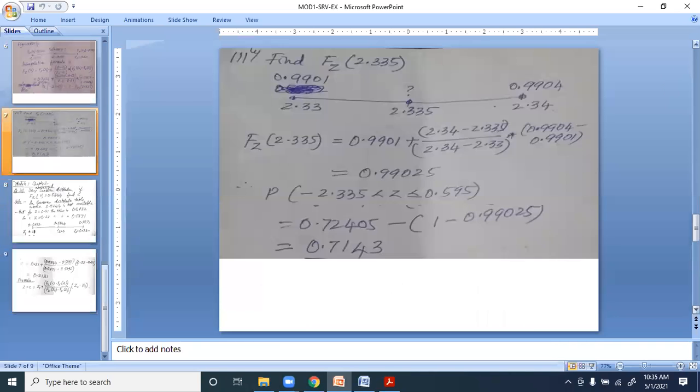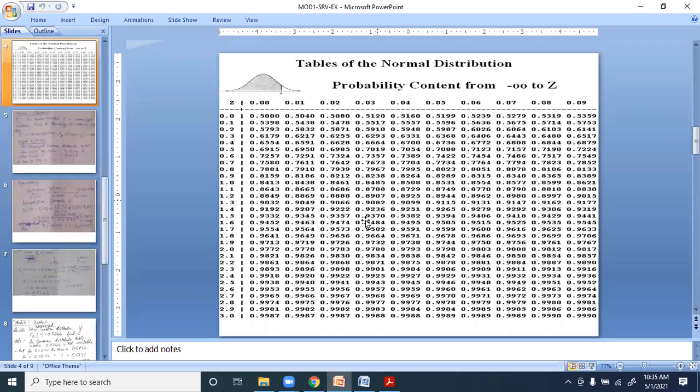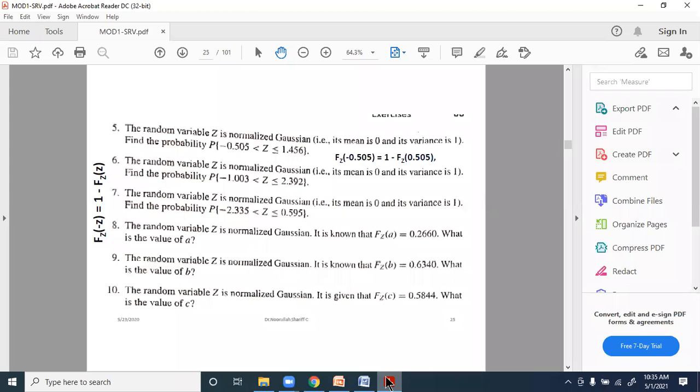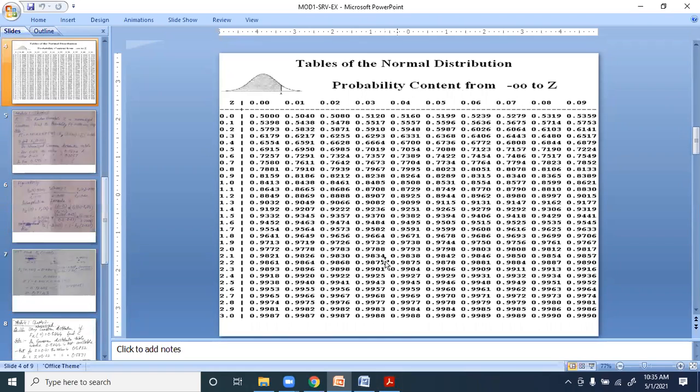I'll go back to the table over here in the PPT. What was that? The value was 0.6340. 0.6340, you need to search. 0.6340 is somewhere between these two: 0.6331 and 0.6368.